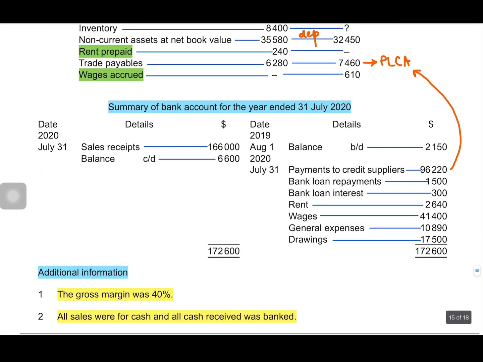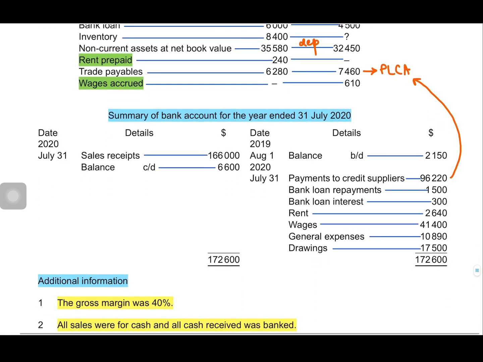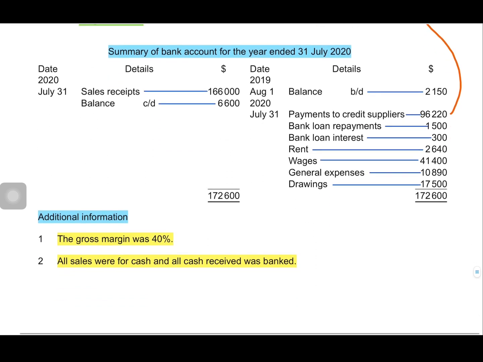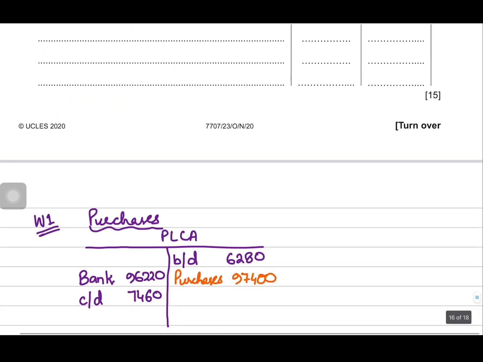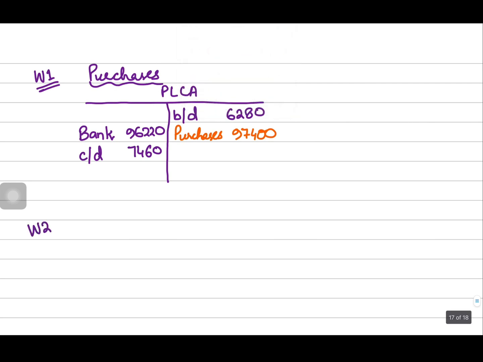Now how can I find closing inventory? I just have the opening and closing balances, I have the bank account, but I have one really important piece of information, which is the gross margin. The gross margin was 40%. So this is my working number 2, which is for closing inventory.